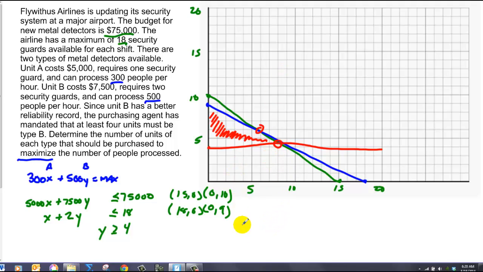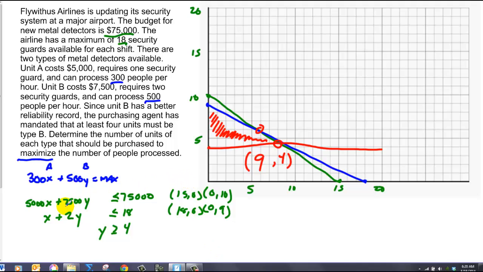So I'll need that point where y is equal to 4, and it's intersecting the green line, which has this equation, and if I'd drawn that accurately, I'd end up with 9.